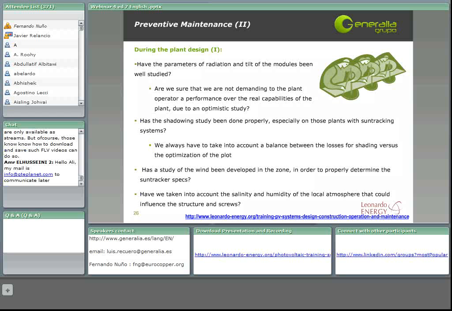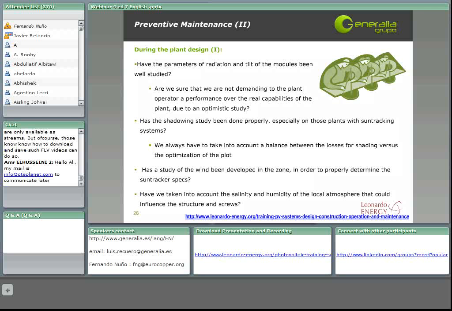Second, we have to check if the shadowing study has been done properly, optimizing the balance between the losses for shadings versus the optimization of the plot. Notice that, in case of using sun trackers, this study will be determinant for our plant performance, and we have to develop a wind study in the zone in order to properly determine the sun tracker specs.